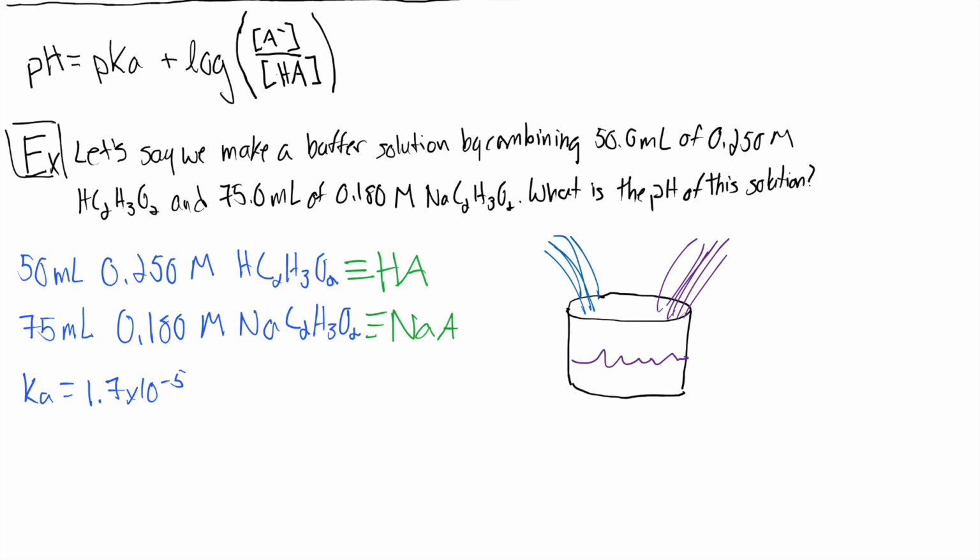Well, if we have moles over liters, and then this will be times the reciprocal of that whenever we're dividing, so that will be times liters over moles. Well, they're in the same volume, so we can actually just cross out liters and put moles of the base over moles of the acid here. And so let's go ahead and do that, and we'll see that converting to moles is actually going to help us in a second part of the problem where we're going to add a strong acid to the buffer.